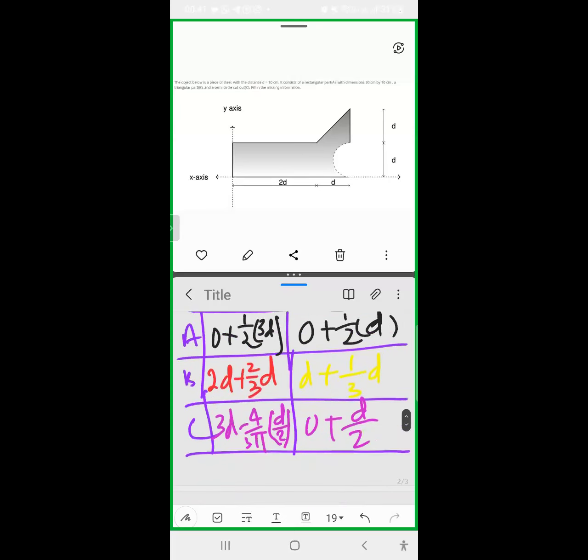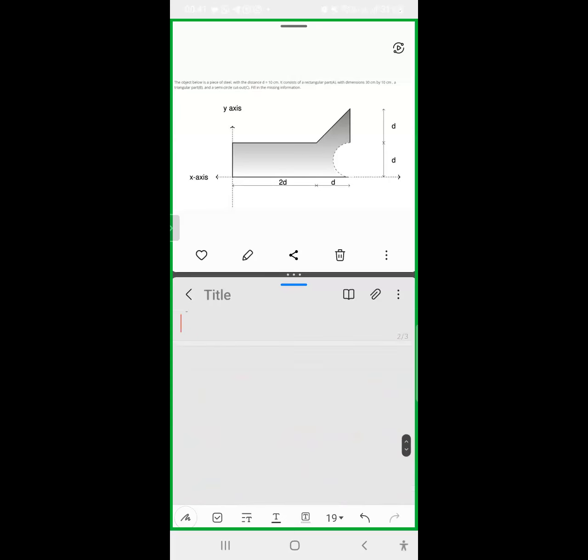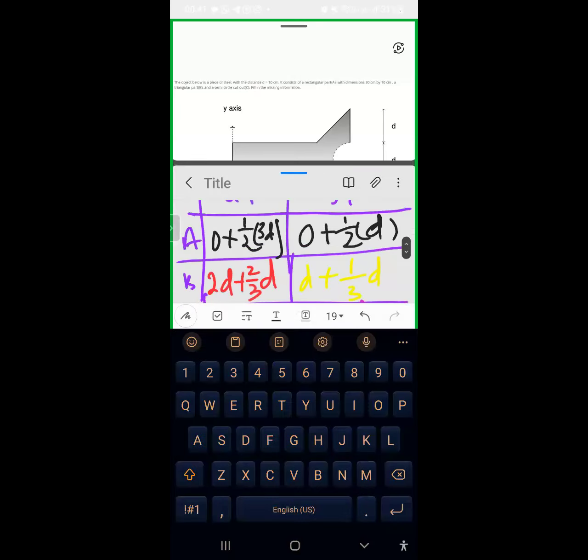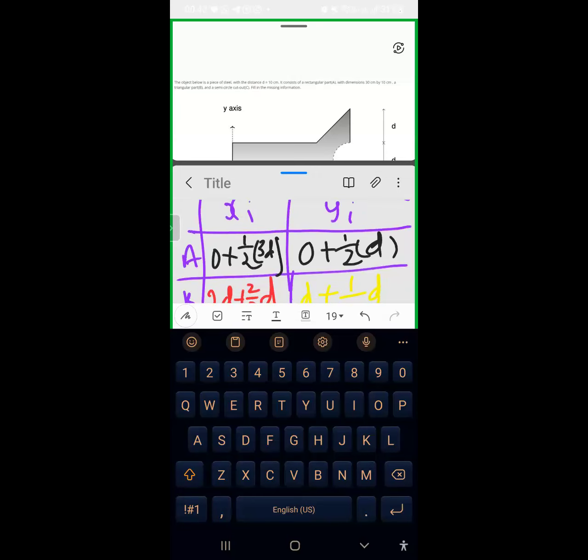Now let's compute them so that we can just substitute when we find the center of mass for the whole system. X center of mass and then Y center of mass. Now let's compute the first one. The X center of mass is 0 plus 1 over 2 into 3 times 10.